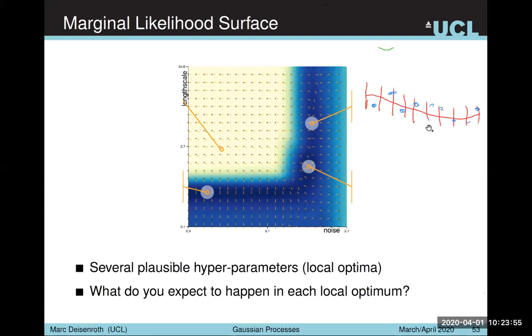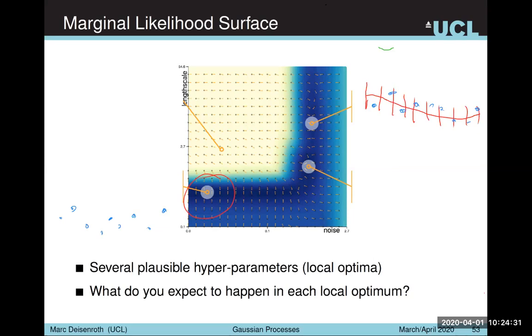Okay, so now let's have a look at a different example, maybe the one down here. So assuming our data looks like this, what would the corresponding function look like?